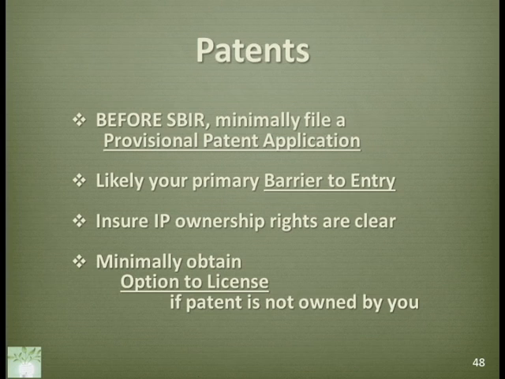Okay, patents. Before filing your SBIR application, minimally file a provisional patent application on your technology. It's likely that your patent filing is going to be your primary barrier to entry, and you absolutely need to ensure that your IP ownership rights are clear prior to filing for the SBIR. Minimally obtain an option to license if the patents are not owned by you.